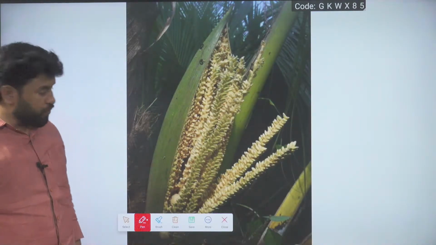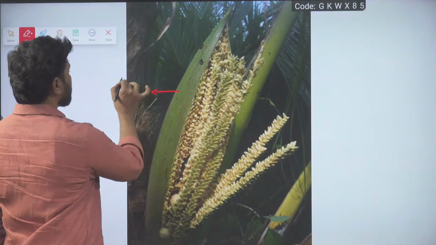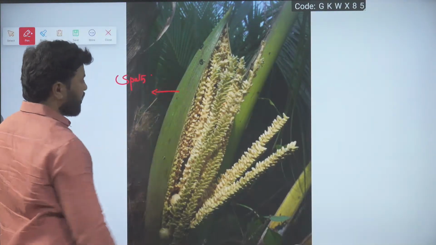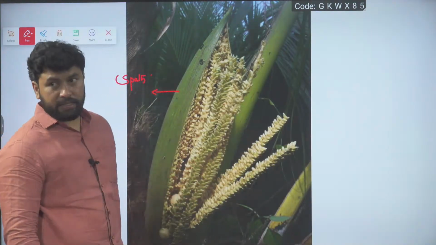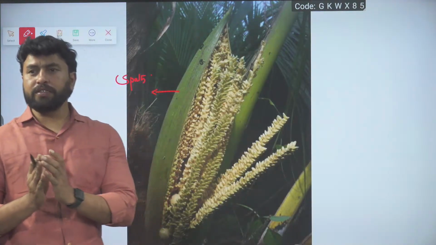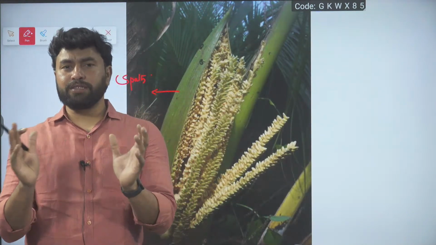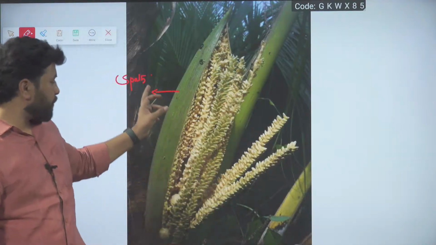That strong, woody, boat-like structure is called spathe. Next one. These are all our inflorescence axis. Actually, the inflorescence axis has been divided into branches. All those branches are protected by this spathe.